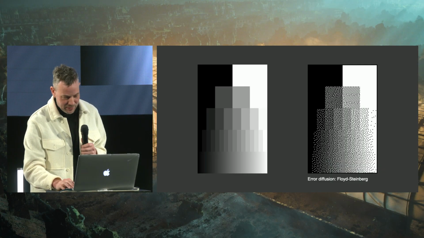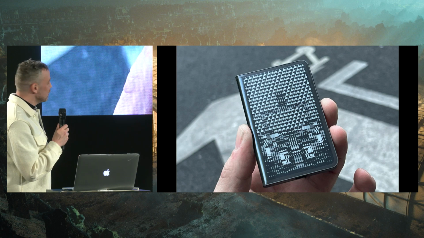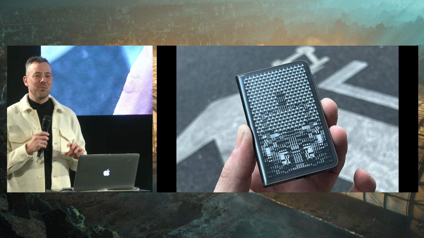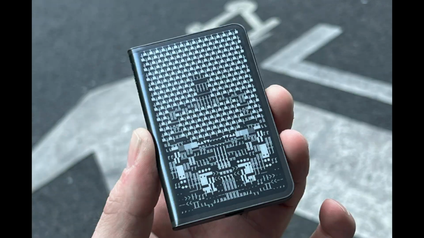So these are different techniques. I like this error diffusion one. And then the next step of my approach is I put some ASCII art on the display, and this is how it looks. This is not going to be the final project, but this is more or less the way I work. Thank you.